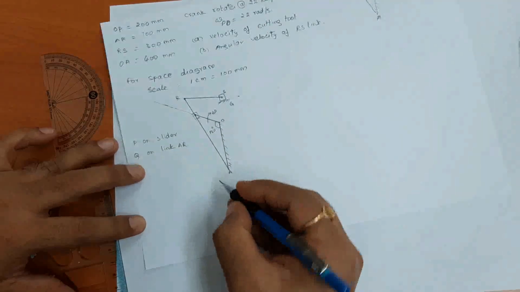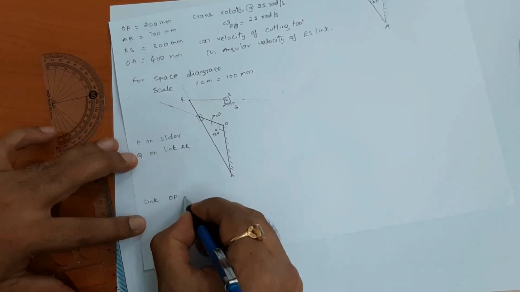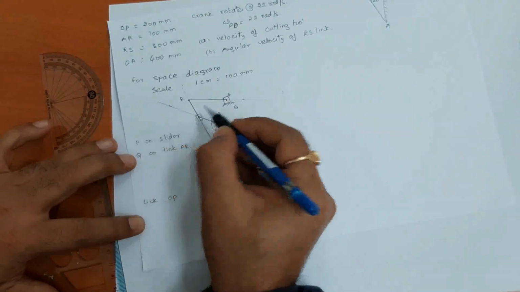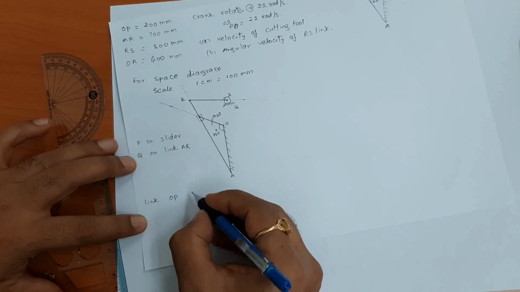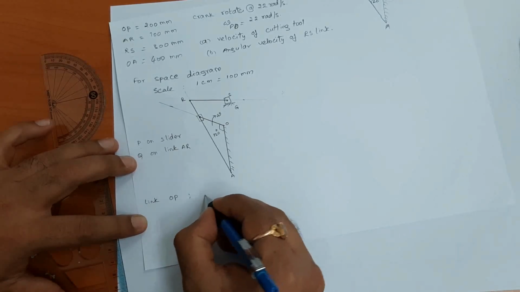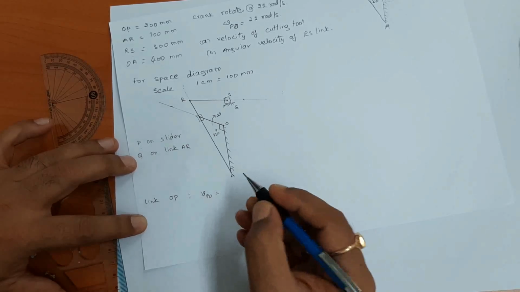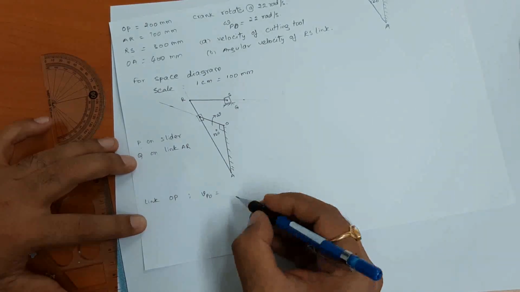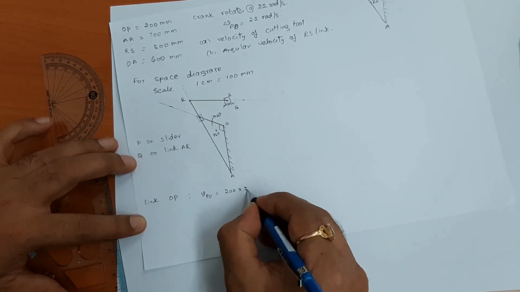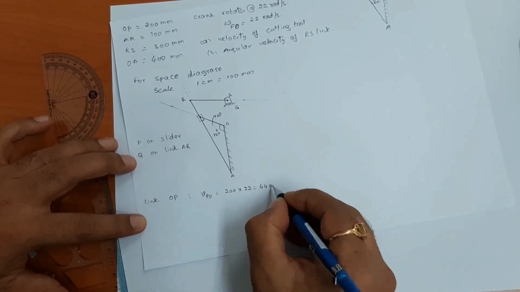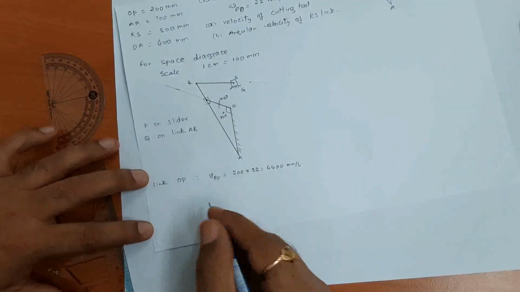Okay, so to construct the velocity diagram, first of all we know that this is rotating clockwise with the omega. Okay, so link OP, why I am writing link OP? Because P is on the slider. Okay, P is on the slider, so you can calculate velocity of P relative to O. Okay, velocity of P relative to O, this is 200 into 22, so this is 4400 mm per second. So to construct the velocity diagram, we choose one scale.